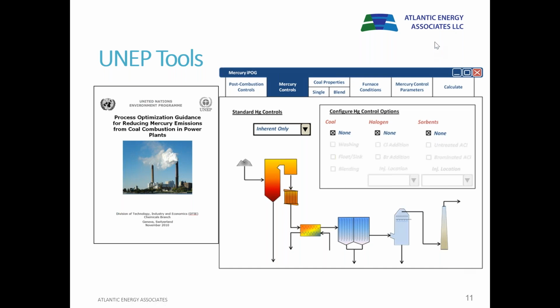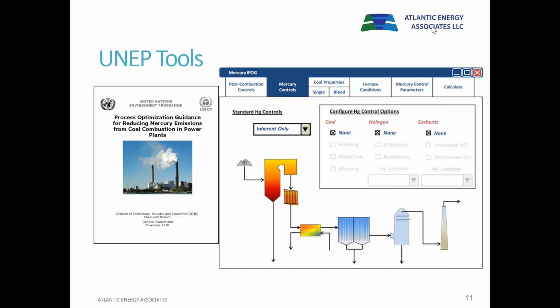Following the paper study, we took the approach from POG and converted it into iPOG, which is interactive POG. I like to think about it as a deceptively simple model.